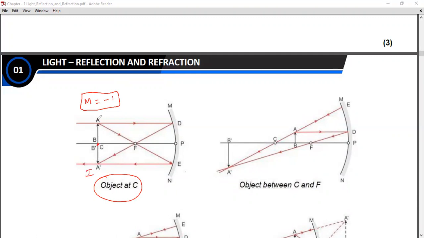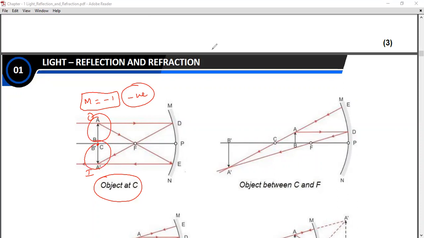A dash is the image here, A is the object point, AB is the object, A dash B dash is the image. So magnification will be -1. Negative indicates that the nature of the image is inverted. Okay, students. In the third situation, when the object is kept at center of curvature, image also forms at center of curvature.